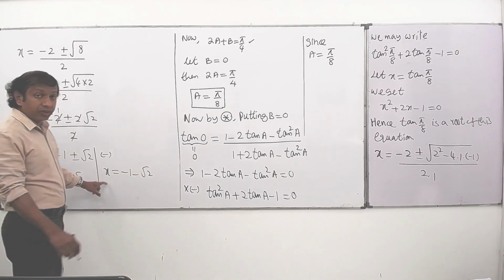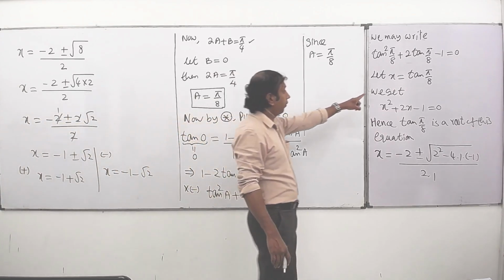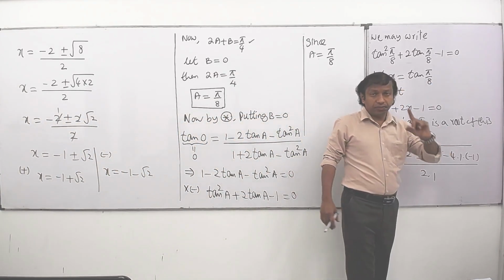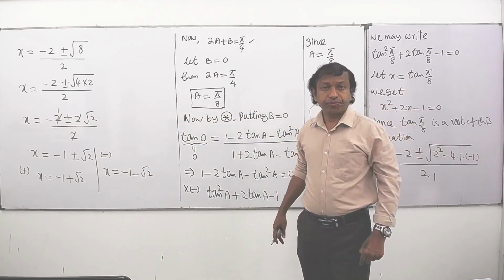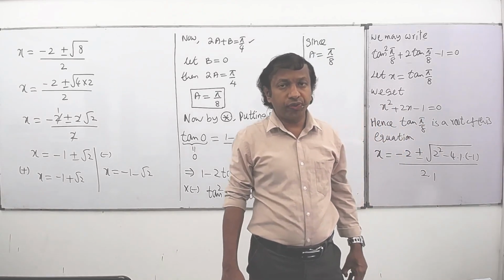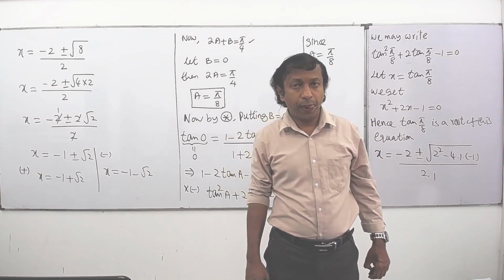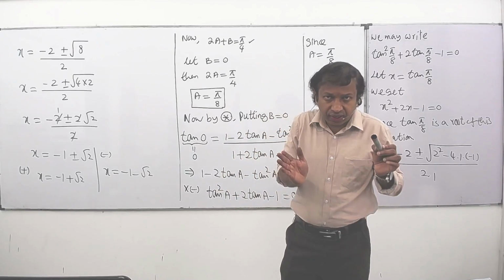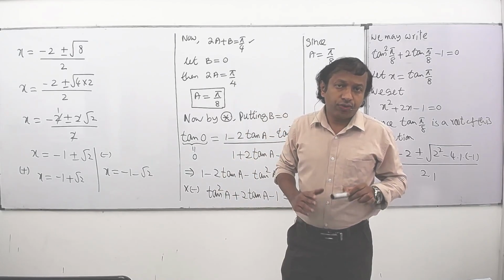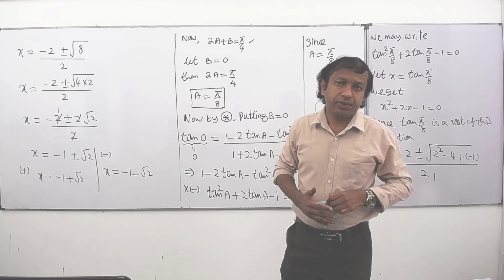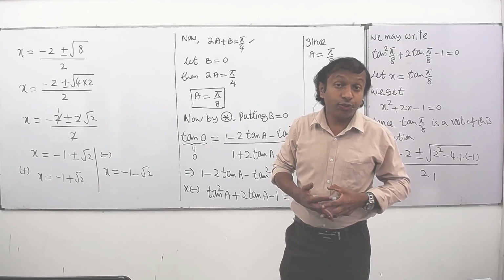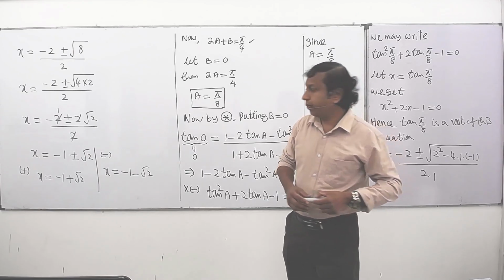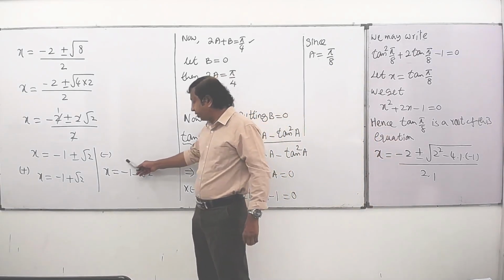But we said x is what? Tan pi by 8. Pi by 8 angle means 22.5 degrees. That is an angle in the first quadrant. For a first quadrant angle, the tan value should be positive. So this is obviously negative, you can see.